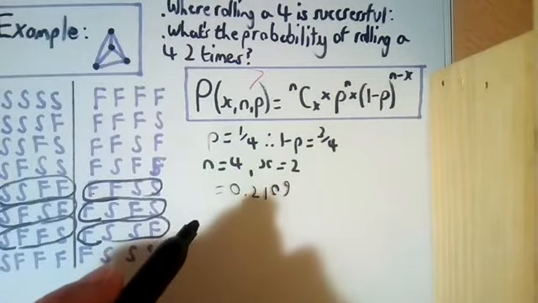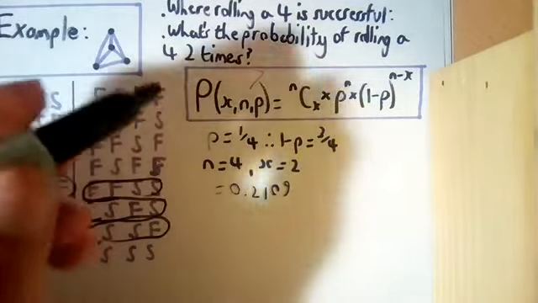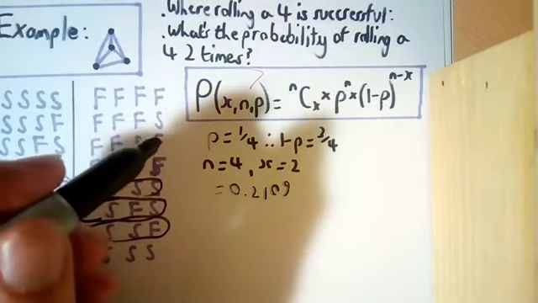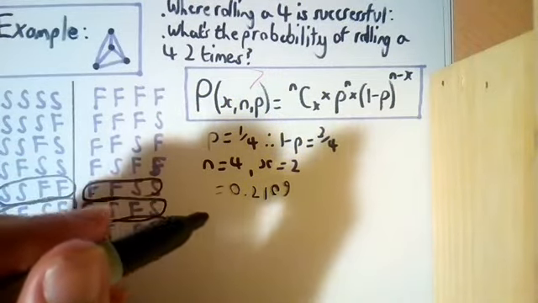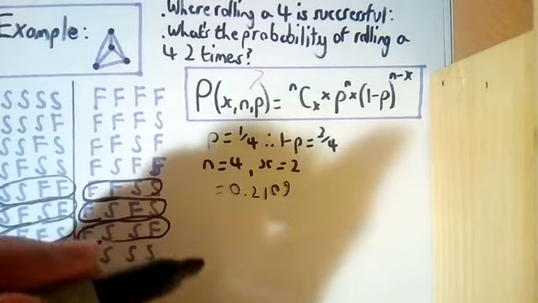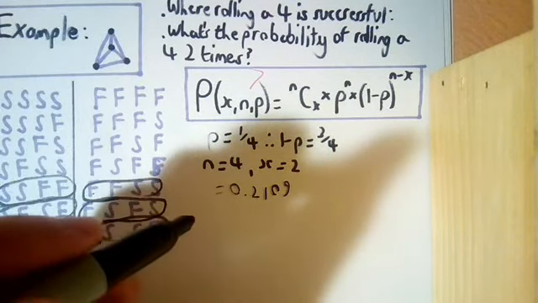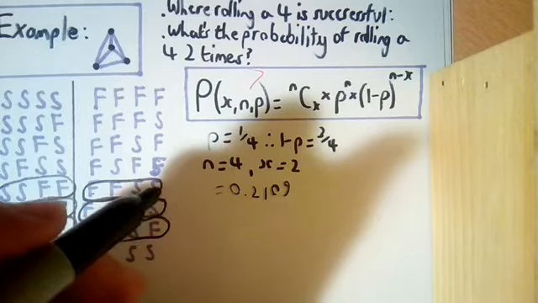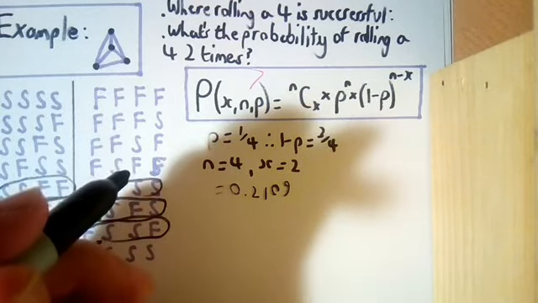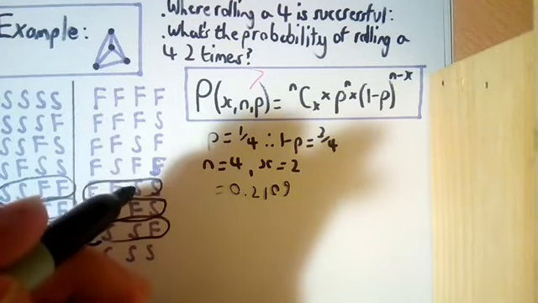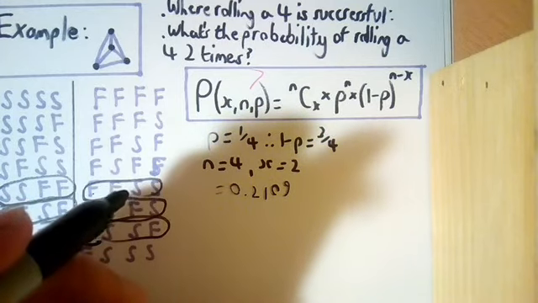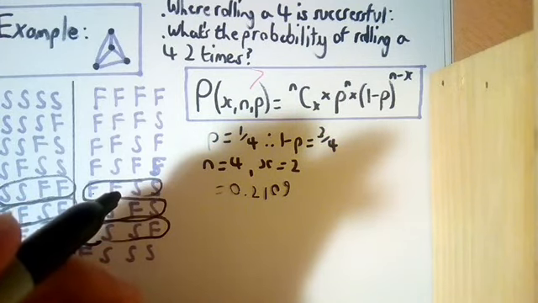What you could also be asked is to work out the probability of getting a 4 at least 2 times. And what you do then is you realise the probability of getting it no times (0), once (1), twice (2), 3 times (3), or 4 times is all your possible outcomes, so they all need to add up to 1. So the probability of getting it at least 2 times is the probability of getting it 2 times, 3 times, and 4 times, so those 3 added together.